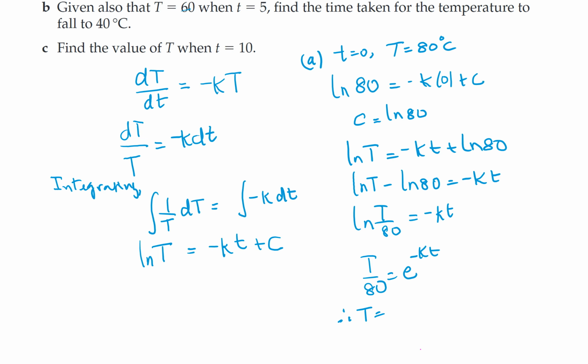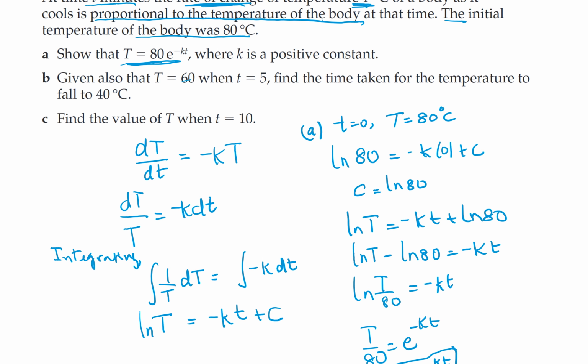Therefore, T is equal to 80 times e to the power minus kt. So that is part A. That's what we've been asked, so that's done.